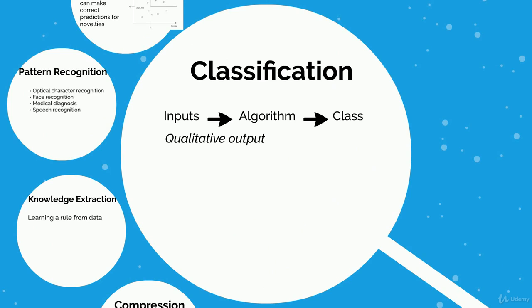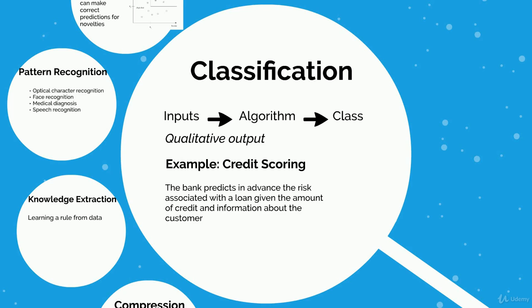So classification, you have a qualitative output, and this is the defining feature of a classification algorithm. So let's look at an example, credit scoring. Not necessarily generating a credit score, but using that credit score to predict in advance whether a customer is going to be a high risk or low risk loaner. So the bank wants to use this to determine how good of a loan they can give you.